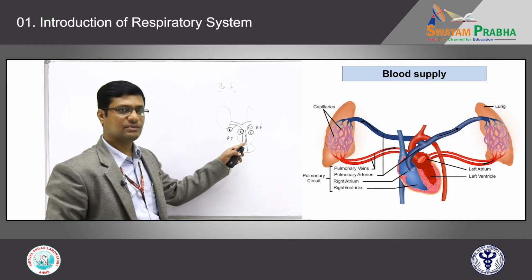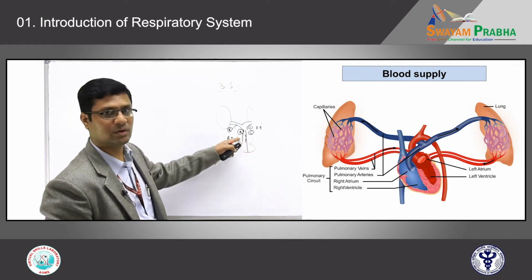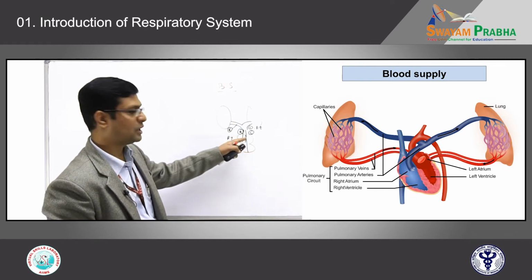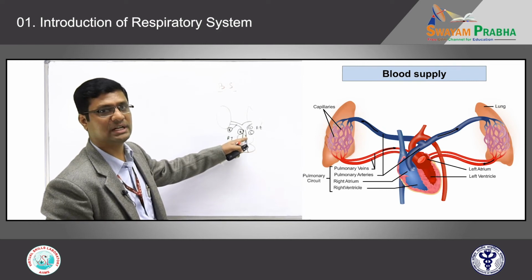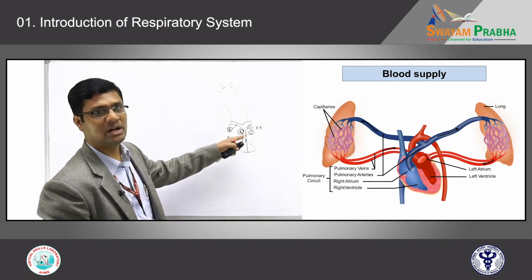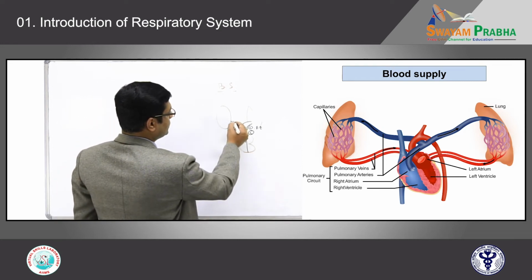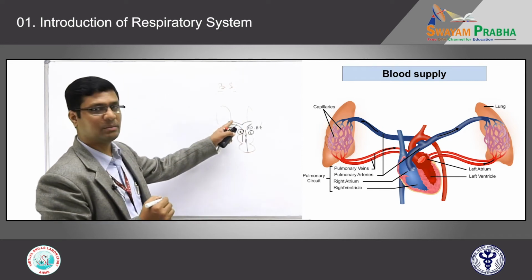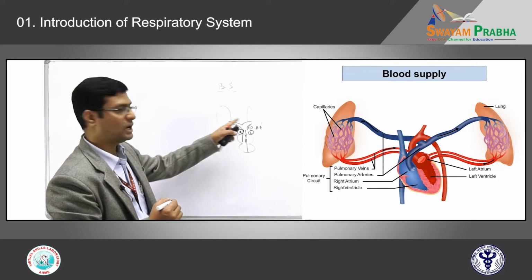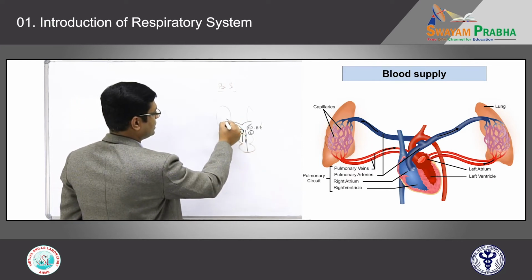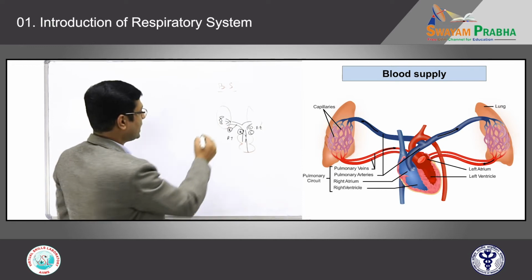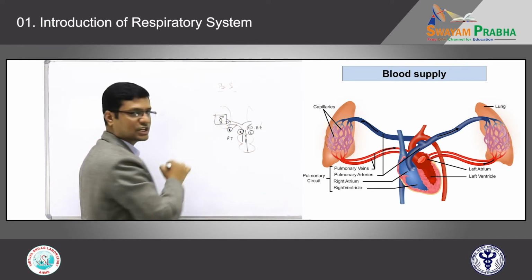That means any vessel which is coming out of the heart, we call it an artery. This pulmonary artery is the only artery which contains deoxygenated blood when compared to other arteries in the body. Once the pulmonary artery enters the respective lungs, it again branches and forms a plexus at the level of the alveoli, where exactly the gaseous exchange takes place.